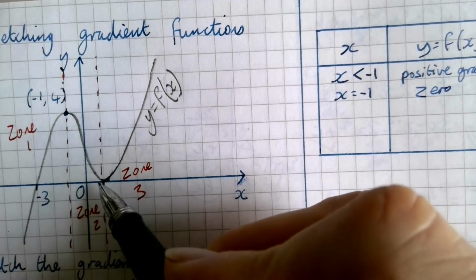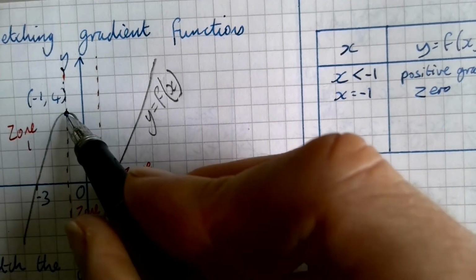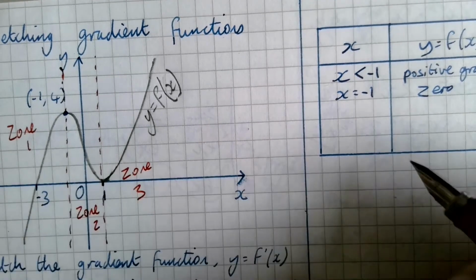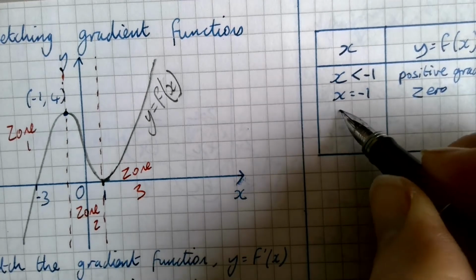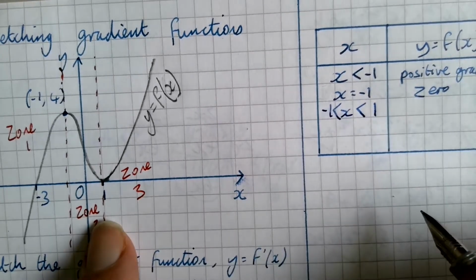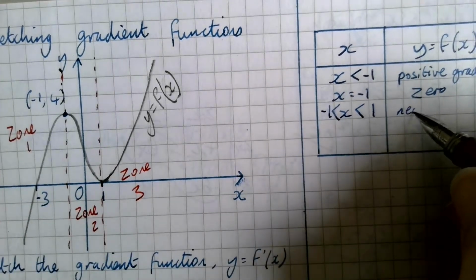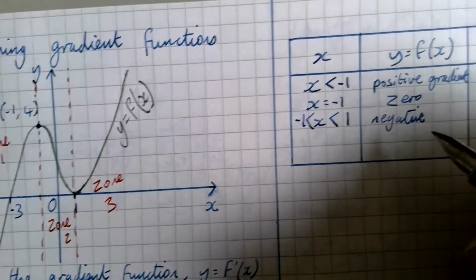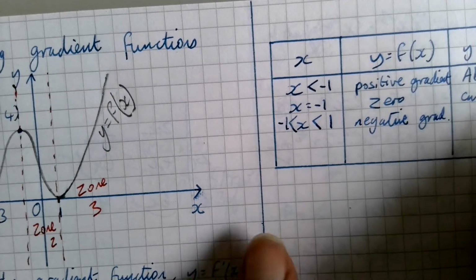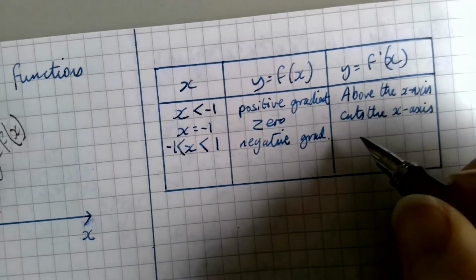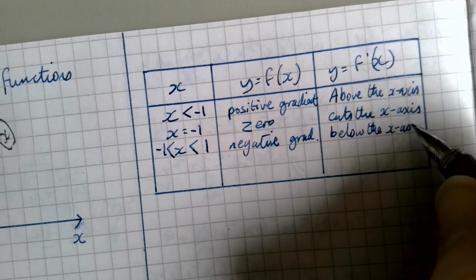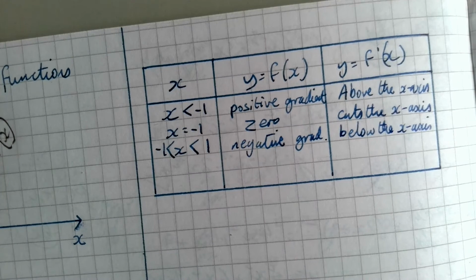Now I've gone from there, I'm now into zone 2, between the two stationary points, and what's happening? The gradient is negative all the way through here. So I'm looking when x is bigger than negative 1 and smaller than positive 1, in all that time I've got a negative gradient. So a negative gradient will always be below the x-axis, because our y value is telling us what the gradient is.